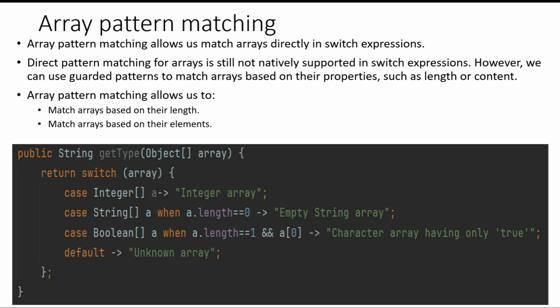So if it is an empty array, then the case block of the second case would be executed. If the value is of type boolean array, then it will check whether the length of the boolean array is 1 or not. If its length is 1, then it will further check whether the value which is stored in the boolean array is true or false. If it is true, then the case block of the third case would be executed. The default case would be executed when the input value does not match with any of these cases.